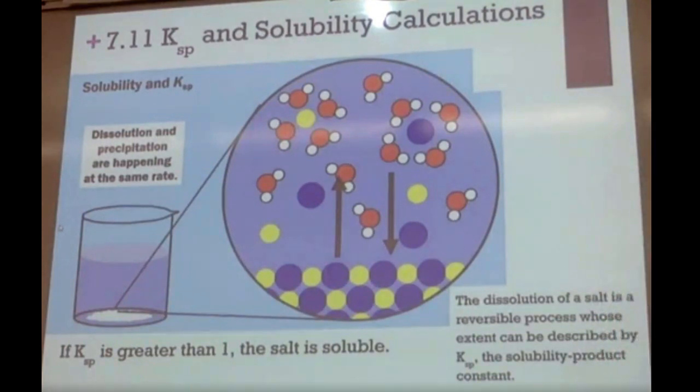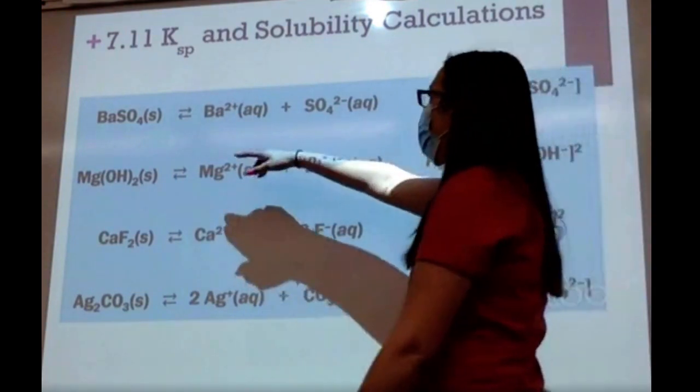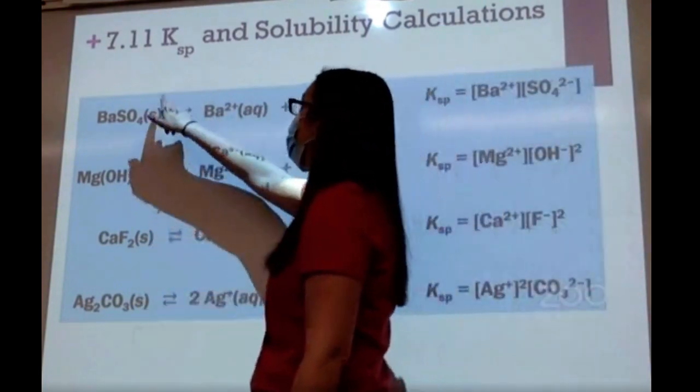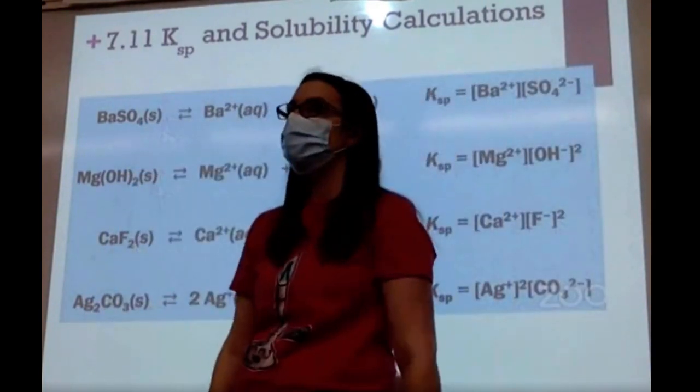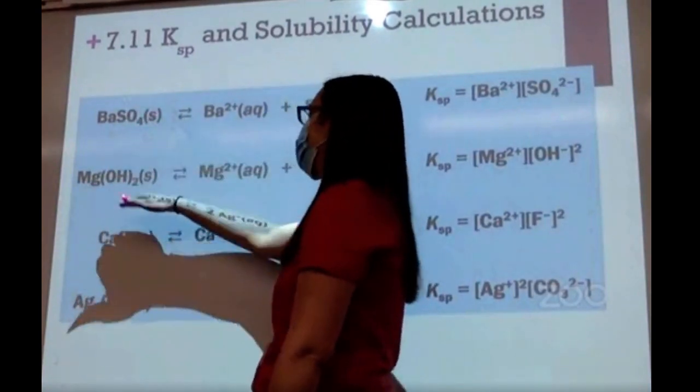Most of the solids that we look at have a very small KSP, which means that they do not dissolve easily. Here are some examples of KSP expressions. Remember, we have a solid at equilibrium with its ions. Now, technically, we have plus H2O in all of these because this is barium sulfate dissolved in water, magnesium hydroxide dissolved in water.